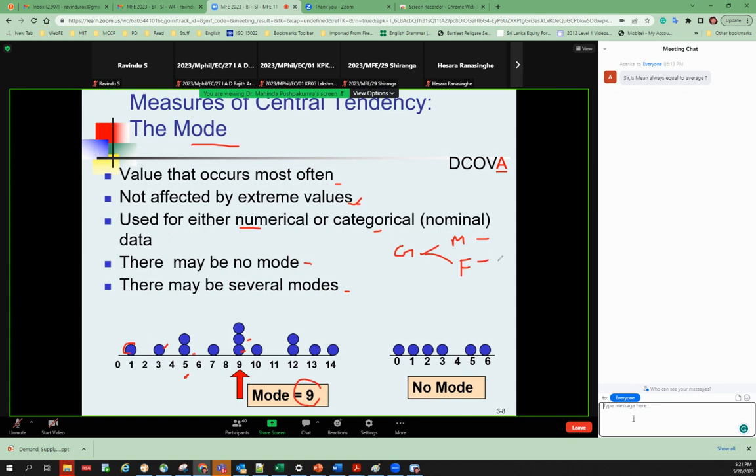I think the majority is female. Then the mode of the gender is female, because the most frequent category is female. That's why we can use the mode for both numerical and categorical variables. Sometimes there may be no mode. That means in this case, no mode.